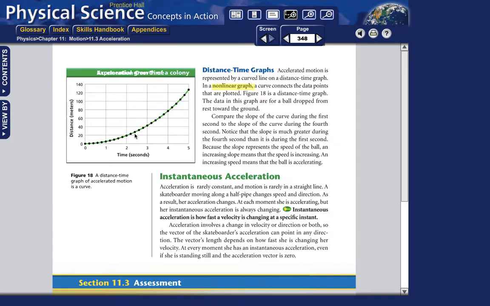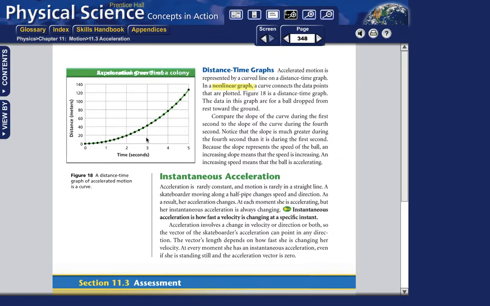If it's a distance time graph, which measures speed, and the line is curved, they're actually graphing acceleration. All the other ones are going to be linear graphs, but if there's a non-linear graph on a distance time graph, then instead of graphing speed like they should, they're actually measuring acceleration.